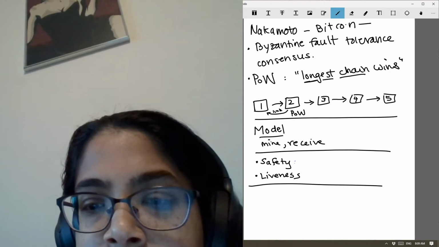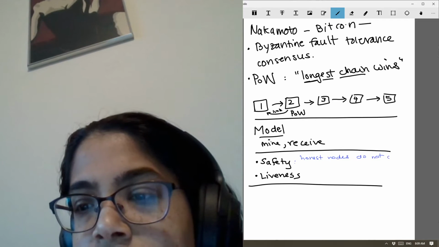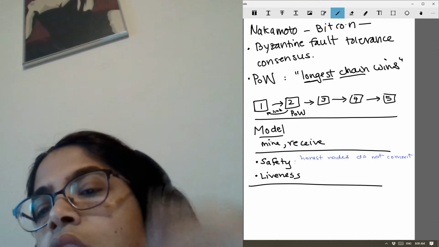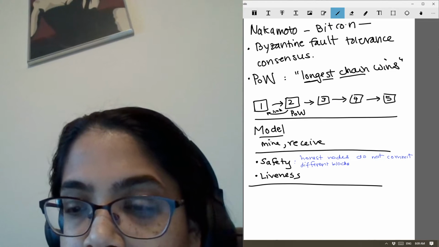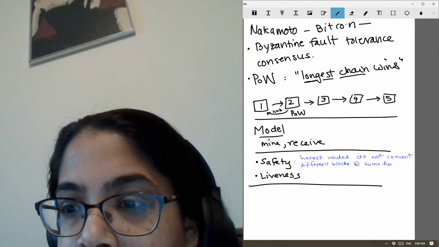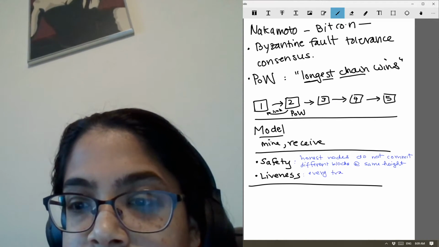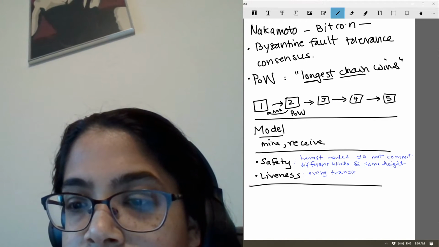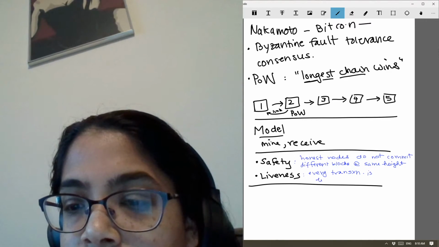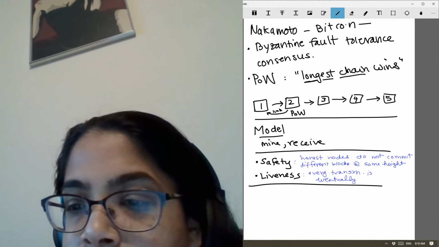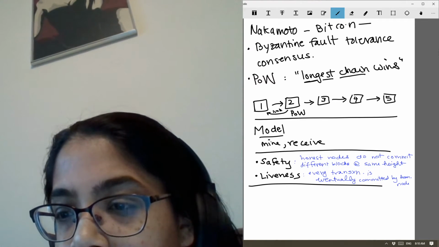Okay, so safety means honest nodes do not commit different blocks at the same height. And liveness means every transaction is eventually committed by honest nodes.